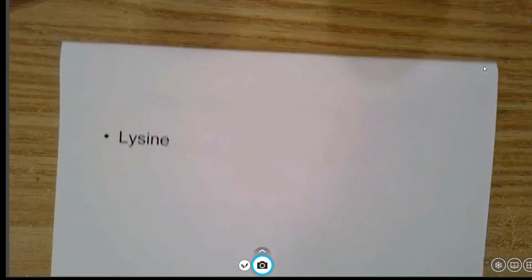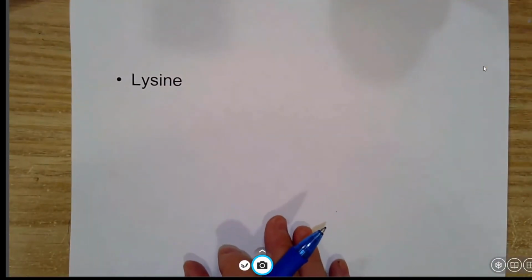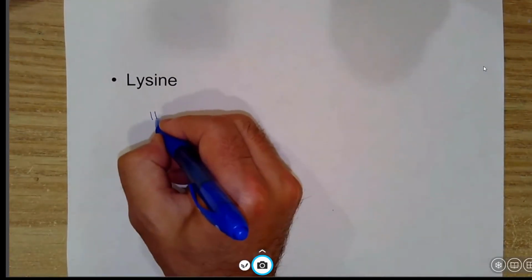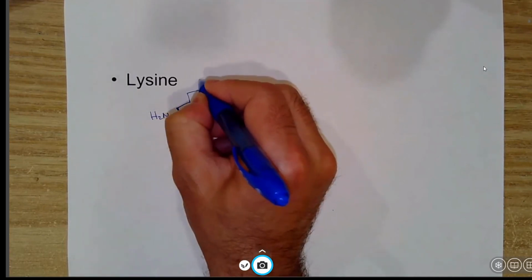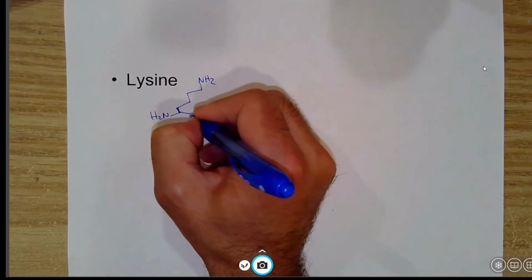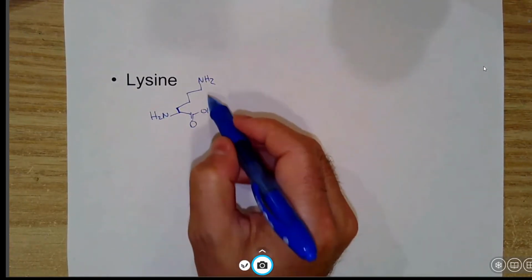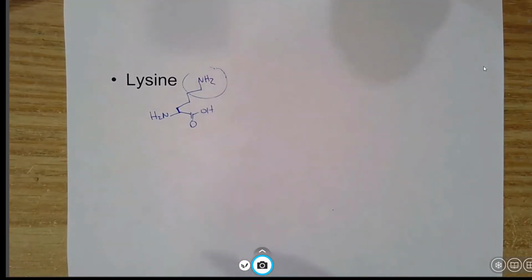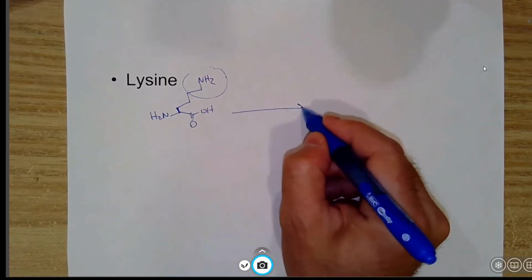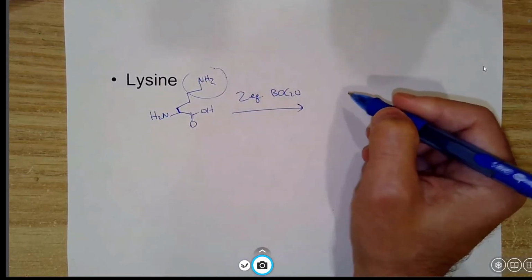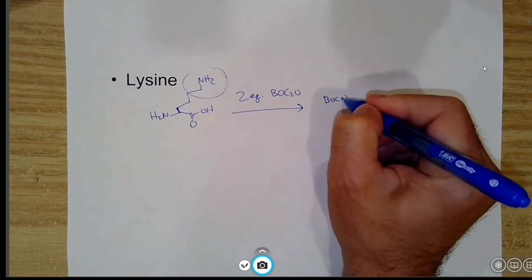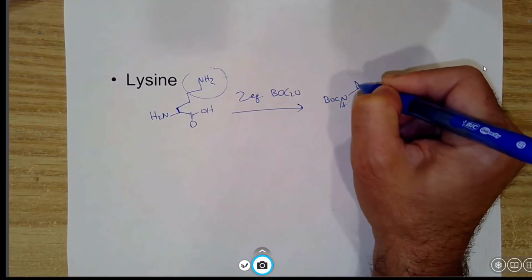Okay, so these are just some common examples. And then this last slide here, I just want to talk about lysine a little bit. Lysine is an amino acid that has an amine as a side chain. So we need to think about this amine whenever we're using this for peptide bond synthesis. If we use two equivalents of Boc anhydride, we will end up protecting both of those nitrogens.